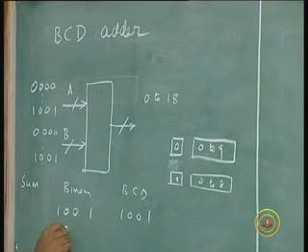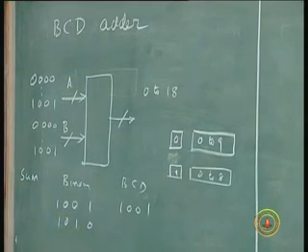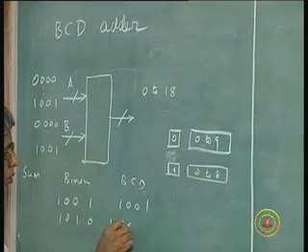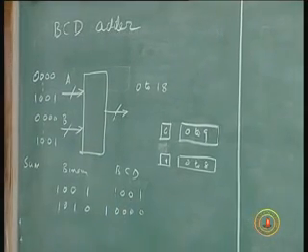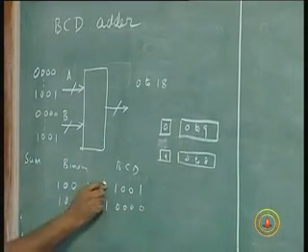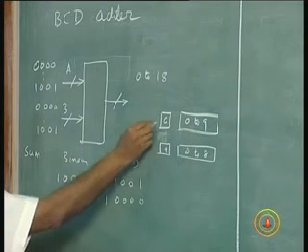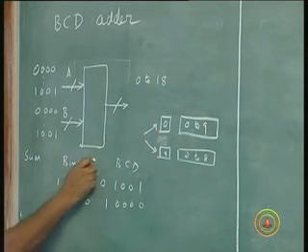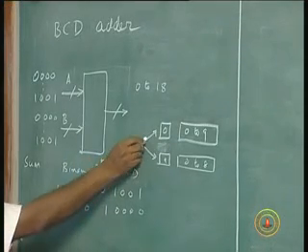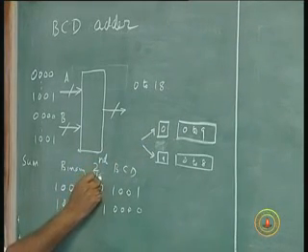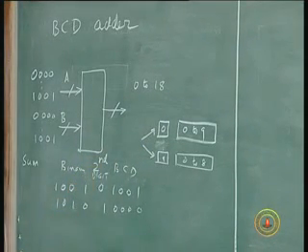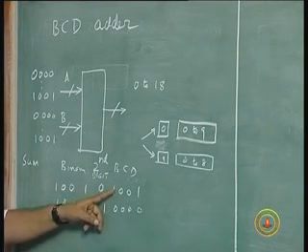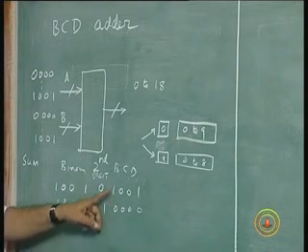When the number is 10, I would like to have it as 1 followed by 0. This is my BCD second digit, the second BCD digit, 1 followed by 0000. So from 9 it has to come to this.